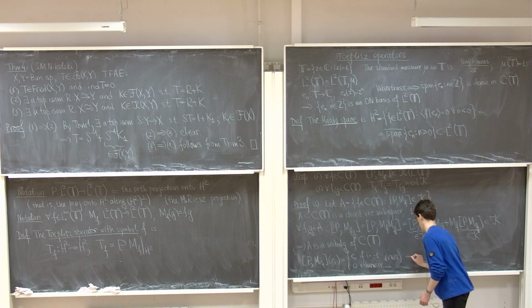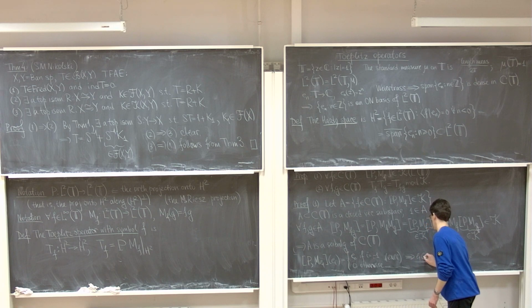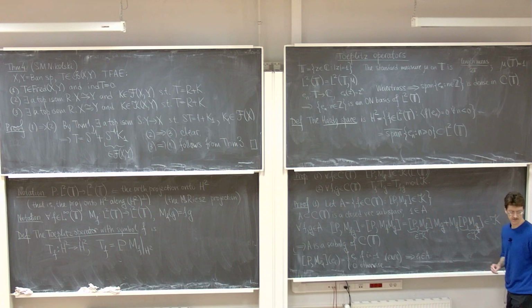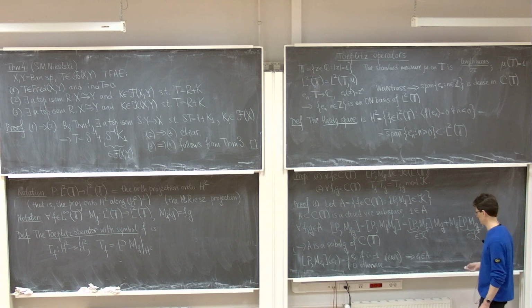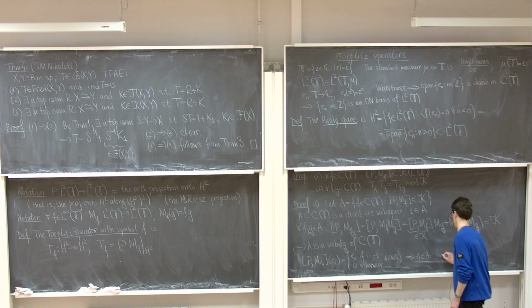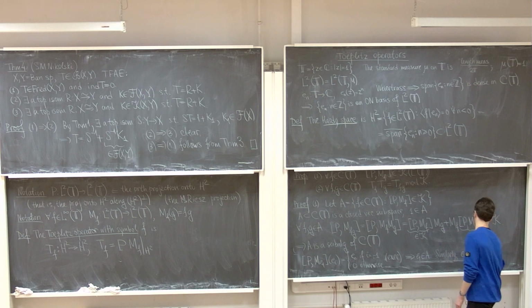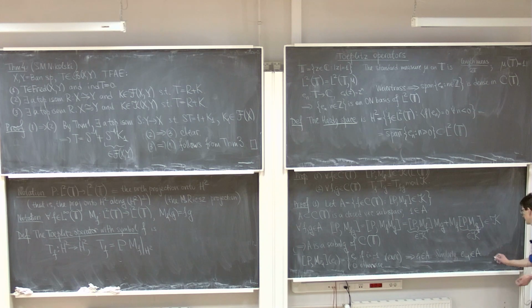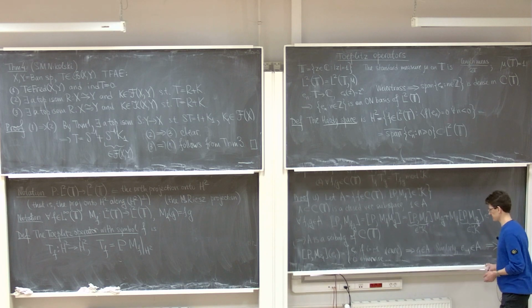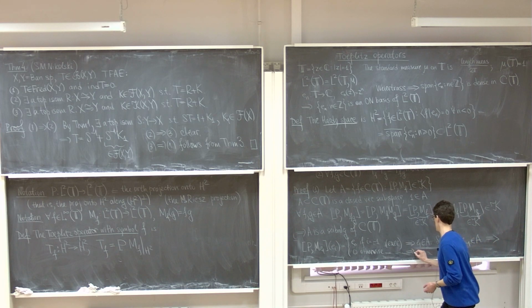So of course it is compact, and so e_1 belongs to A. And a similar argument shows that e_{-1} belongs to A. So since A is an algebra, we conclude that e_n, which is e_1 to the power n if n is positive, or e_{-1} to the power minus n if n is negative, are also in A. So this implies that e_n belongs to A for each n.